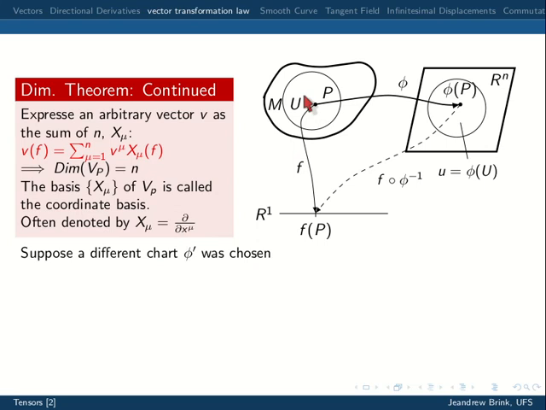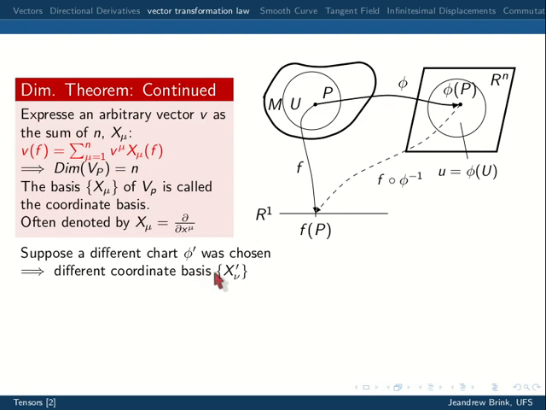Okay, so you have one chart, and this is where tensors start becoming powerful. You have one chart that does this particular thing. We haven't given you the specifics of the chart, we've just derived the result. So if you have another chart, phi prime, that also goes to R^n and covers the same set, everything else remains the same, but you're going to get a different coordinate basis.